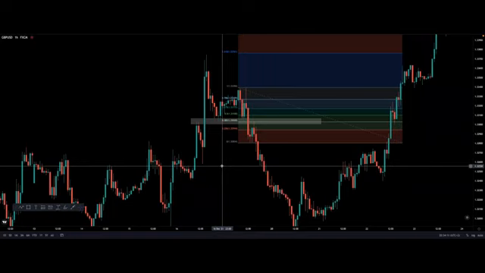But there is the point proven. So why complicate your chart? Why create a mess and look at multiple different things, where all you need to really focus on is simple structure? Because at the end of the day, without structure, without those horizontal levels, these indicators won't exist, right?